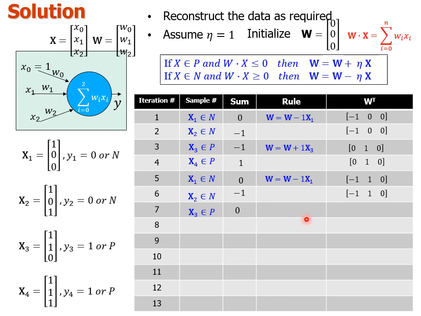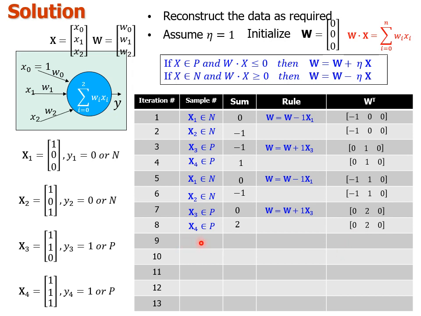Now here we need to update the weight vector w as w equal to w plus 1 into x3, and hence the weight vector is updated as 0 2 0. Next we are presenting x4 that belongs to the positive class. The sum comes out to be 2, so there is no mismatch, and hence the weight vector remains the same.